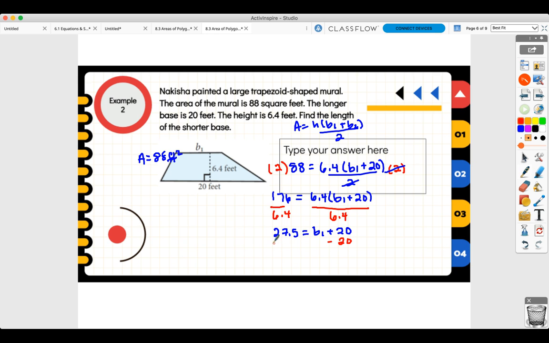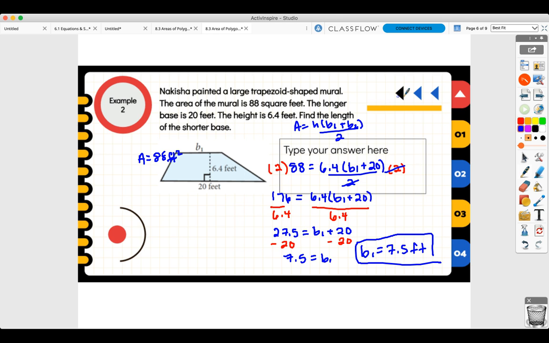Subtract 20 from both sides, and you're going to end up getting 7.5 is equal to base 1. So base 1 is 7.5 feet. This takes a little bit of time and maybe a little bit of practice to get that, okay?